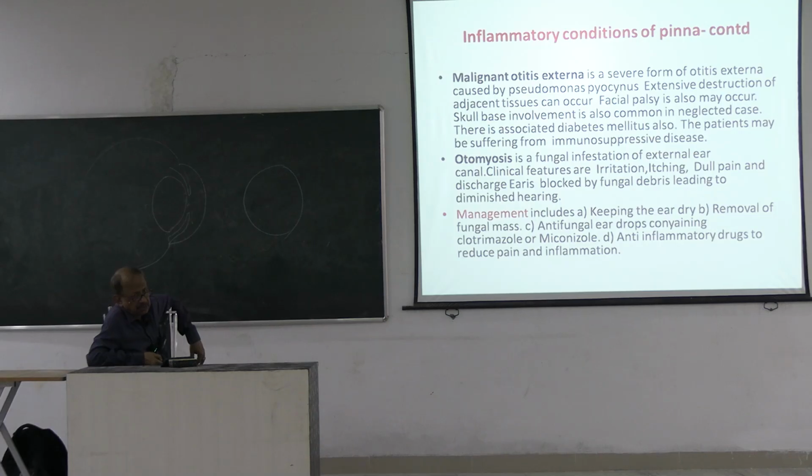Malignant otitis externa. What is malignant otitis externa? It is one kind of otitis externa, but it is not a malignant disease. The name is malignant. Why malignant? It occurs in diabetic patients and immunocompromised patients. Due to low immune status of the patient, the infection spreads along the base of skull, giving rise to severe tissue necrosis, and through the base of skull, infection spreads inside the brain, giving rise to a very fatal condition.